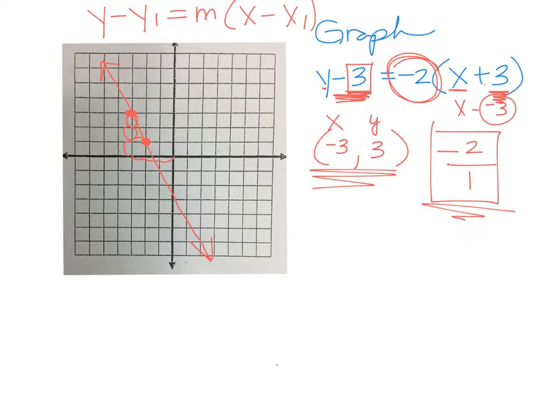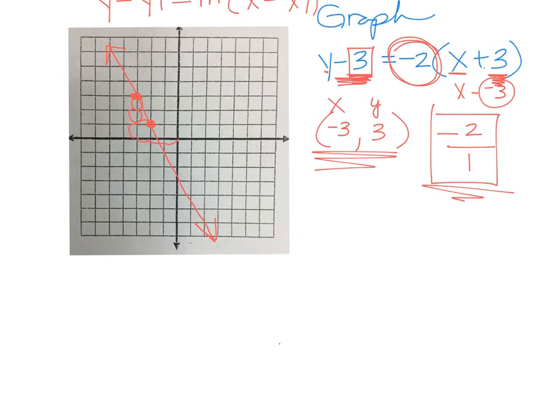Okay, how about this one? Just use the same graph again, that's fine. If I do y minus 2 equals negative 1/3 times x minus 4. Okay, my point, what's my x value for my point?